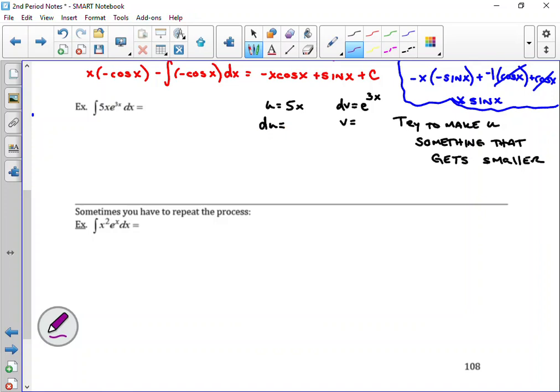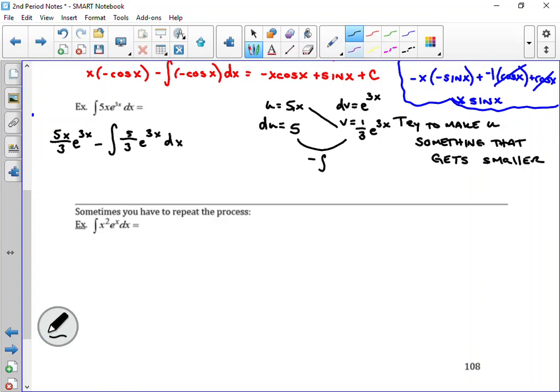Okay, all right. So this is 5, and this is 1/3 e to the 3x, right? And then I don't know about you, but I like drawing from u to v, and then integrating minus the integral here. So that helps me figure out that it's 5x over 3, or you could say 1/3 times 5x e to the 3x, minus the integral of 5/3 e to the 3x dx.